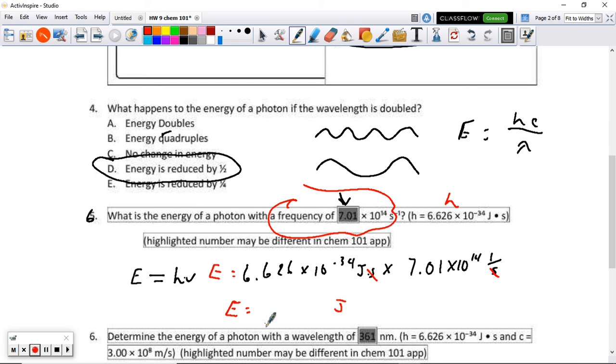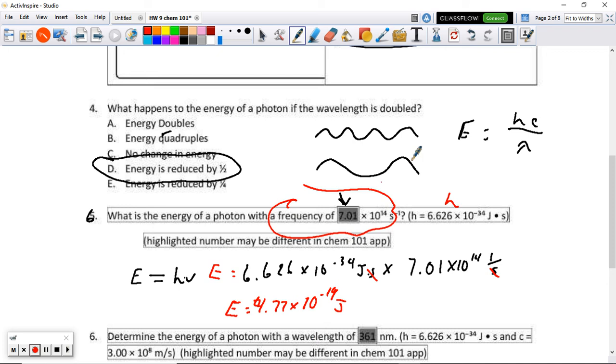And then as we're going through this, 6.626 times 7.01 is going to give us 4.77. And then we have negative 34 and 14. When we do that, we add them together, so that's going to be times 10 to the negative 19.